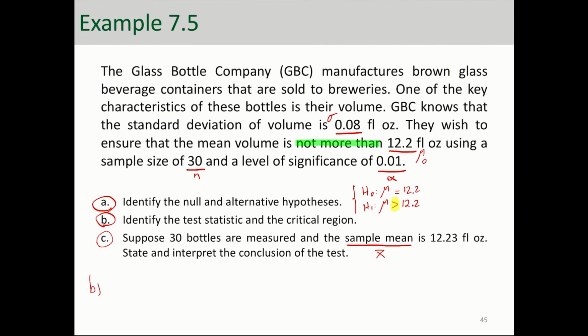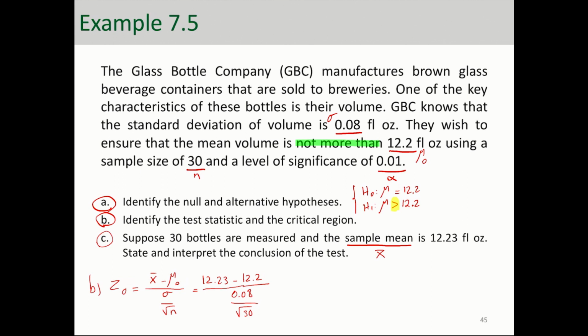The test statistic is the z-score, and that is x bar minus mu naught over sigma over the square root of n. In this case, x bar is 12.23, mu naught is 12.2, sigma is given as 0.08, and n is 30, so the square root of 30.